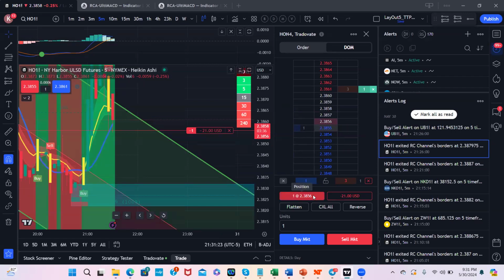So I sold at 2.3856. So if I even buy back at 2.3855 or 54, that is still a profit because there is a spread of 5 ticks. That's why even though you may see it like a loss, really, if I close it here, it is still a profit.